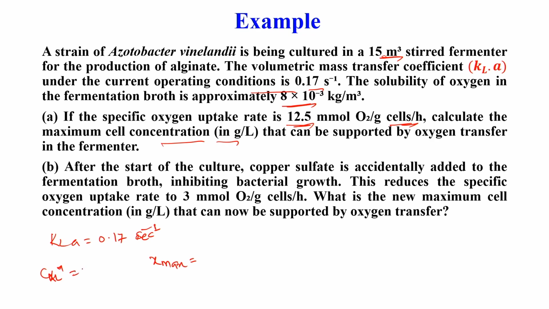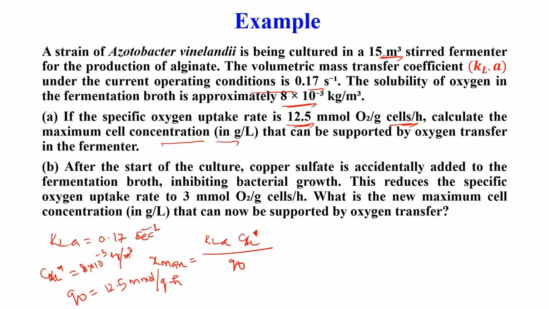C_AL star is given as 8 into 10 to the power minus 3, the 8 ppm kg per meter cube, and Q naught is given as 12.5 millimole per gram per hour. The X max, if you remember the formula, is K_LA C_AL star divided by Q naught.